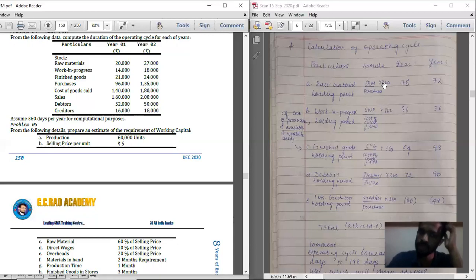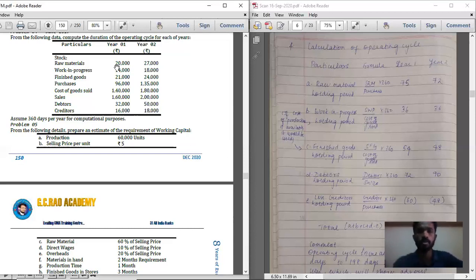That is the formula. See, how will you calculate how many days it is locked in? For a year, you need to purchase 96,000 of goods. That is raw materials: purchases 96,000. In that, raw material of 20,000 should always be available in stock. So 20,000 should always be there out of 96,000. So how many days? 75 days lead time.